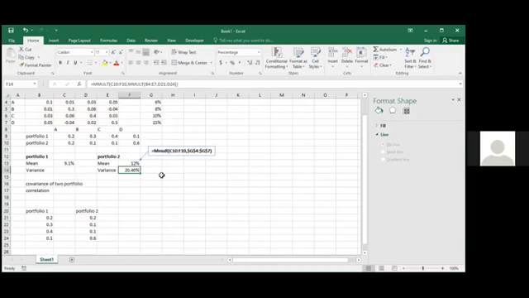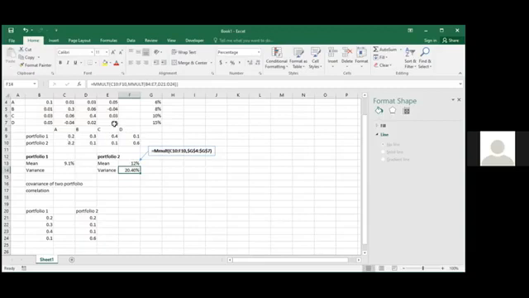So in this case, we derive the variance value taking the MMULT C10 to F10. C10 to F10 means here portfolio 2, their proportions, row wise.